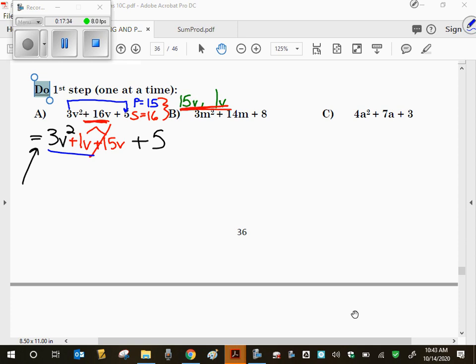Take out the biggest factor and the smallest exponent. Well, you can only take a 1 out. That's not going to help you, but the smallest exponent is V. So 3V plus 1 when you take the entire term out.